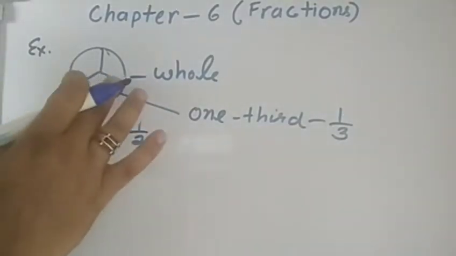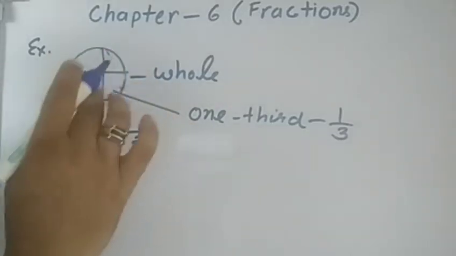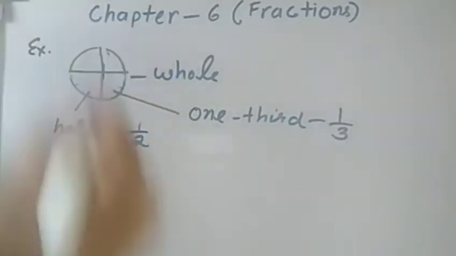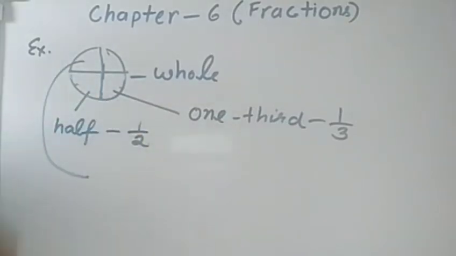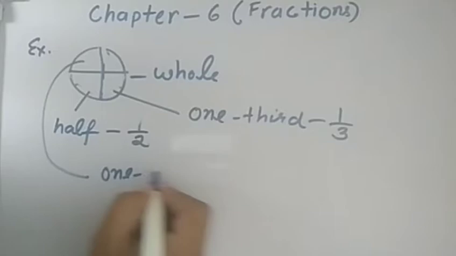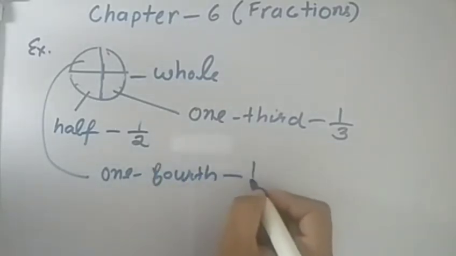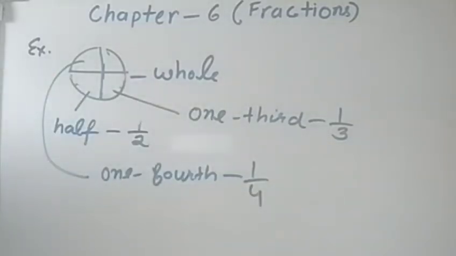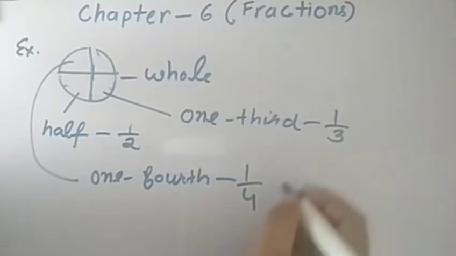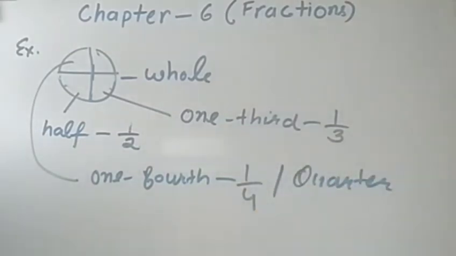If I cut this pizza into 4 equal parts, then each part is known as 1/4, and mathematically we represent it as 1/4. We also know 1/4 as quarter. Quarter means 1/4 of any part.